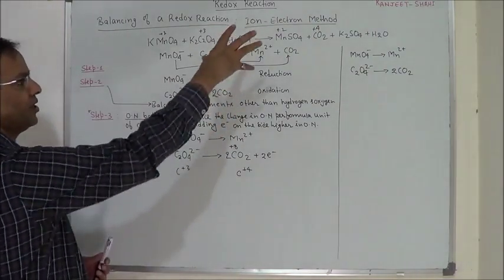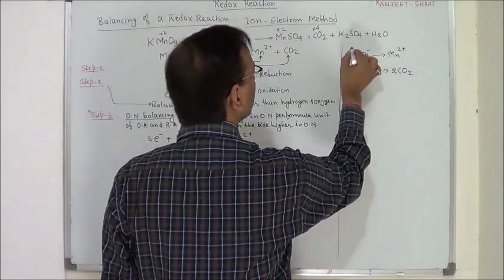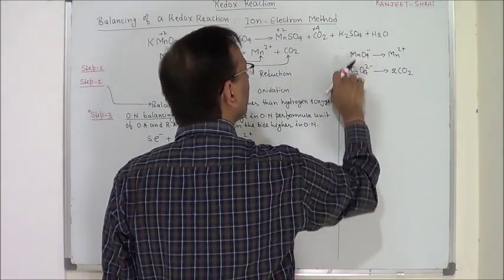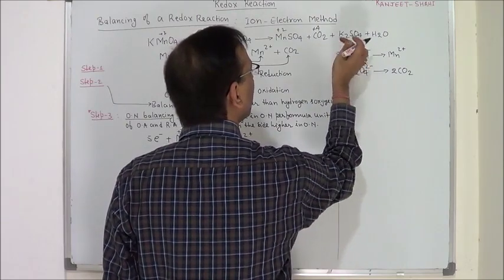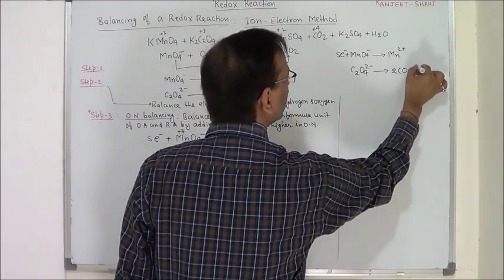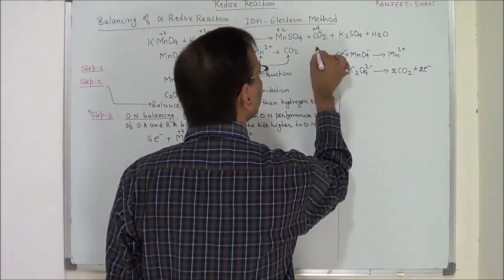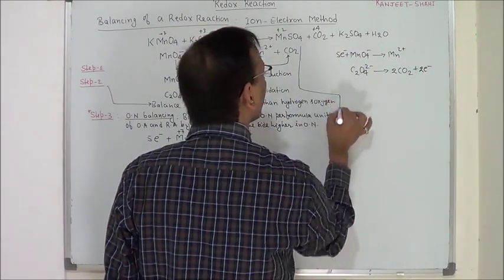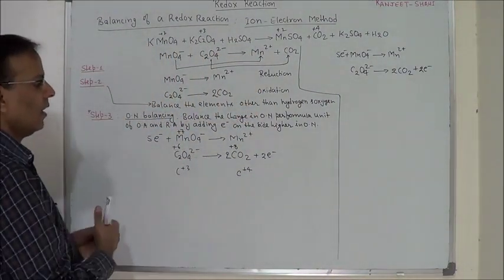If we apply these steps to the reactions, we see 5 electrons on the left side of the permanganate reaction and 2 electrons on the right side of the oxalate reaction. So this step is applied.